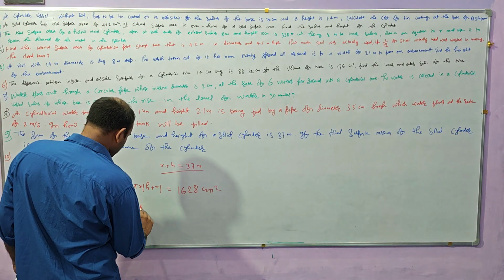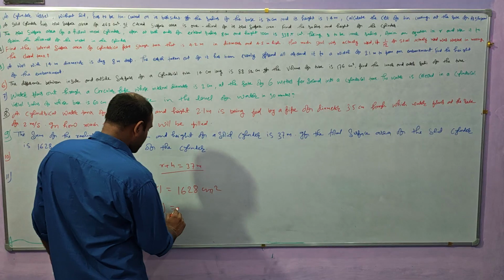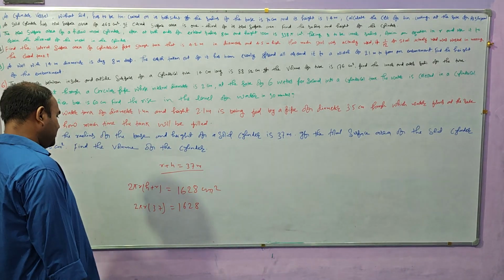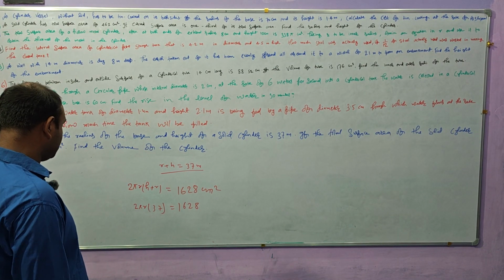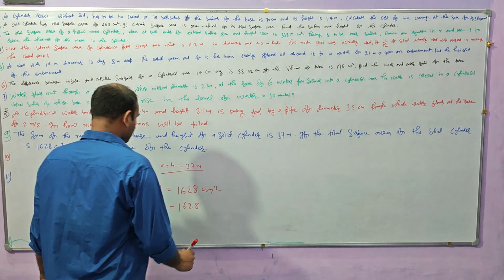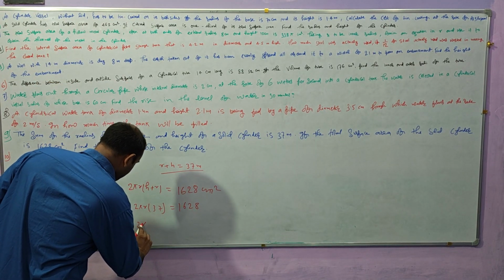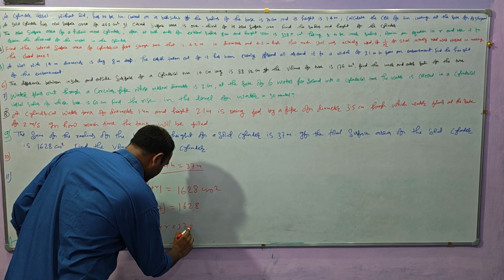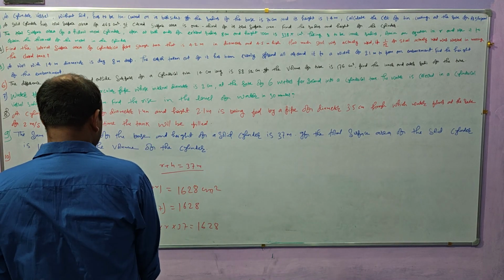So 2 pi r into 37 equals 1628. So we get 2 into 22 upon 7 into r into 37, that becomes 1628.